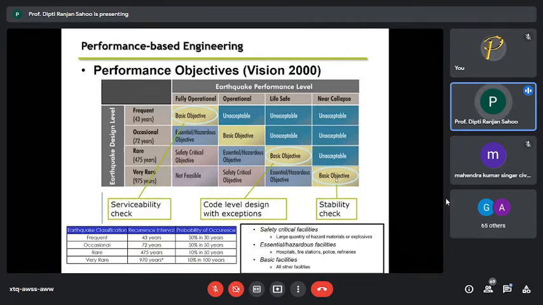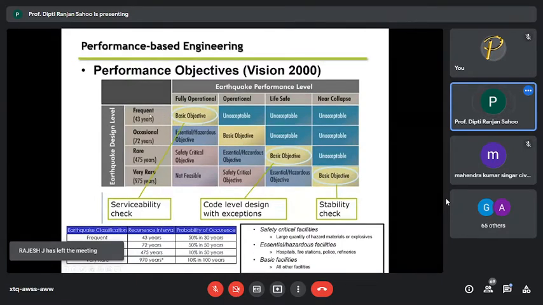The same thing I am actually showing here. So the diagonal terms are called the basic objectives. So very low earthquake, frequent earthquake, and fully operational.